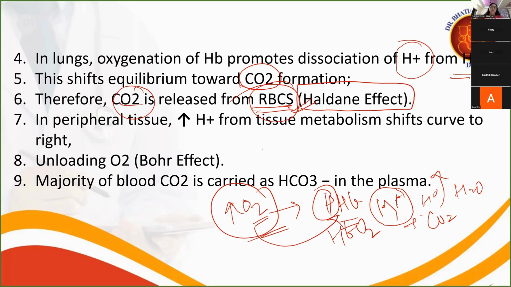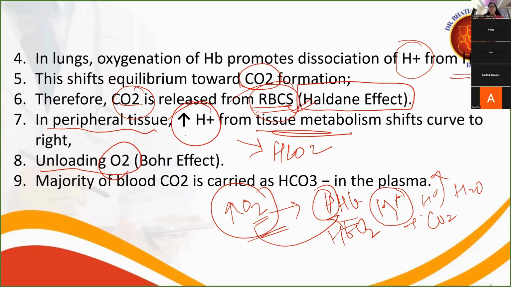Now this HbO2, when it moves back to the tissue, in peripheral tissues there are high H ions from the tissue metabolism, and that shifts the curve to the right. Here, the oxygen is deloaded from the HbO2 format, and this unloading of oxygen in the tissues is known as the Bohr effect. So you will get very important questions here.